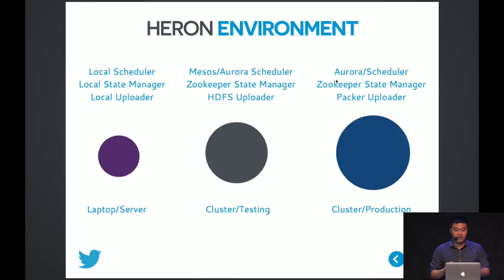It is not a simulator. And for development, for production, or for real staging, we have the distributed mode. We use the Mesos or Aurora scheduler. We have ZooKeeper as the state manager. We have different uploaders. So we componentized the whole Heron. You can plug in different components with different semantics easily if you want.